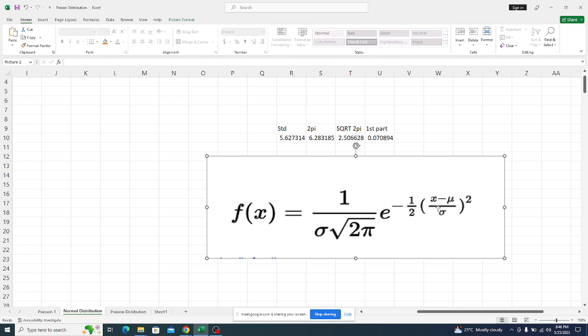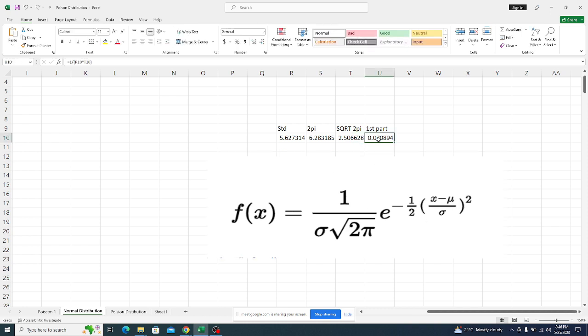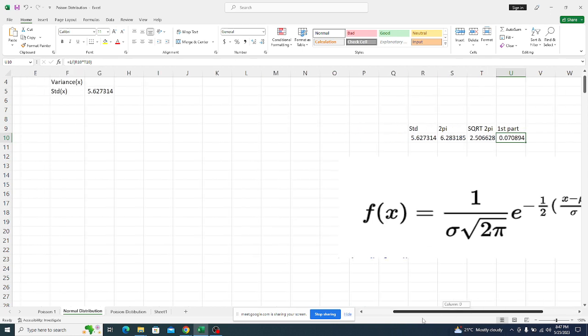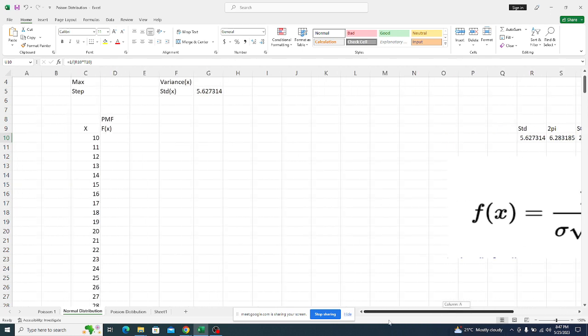The value which you will get, you can now find the negative exponent of that value. With that, you will multiply with the value which we've gotten on the first formula part. Then you will be able to get all the probabilities of your values.